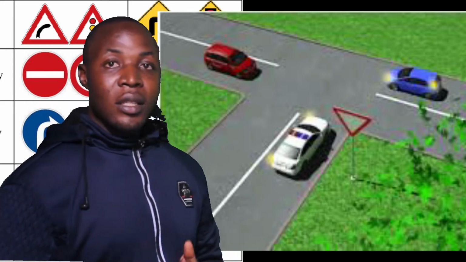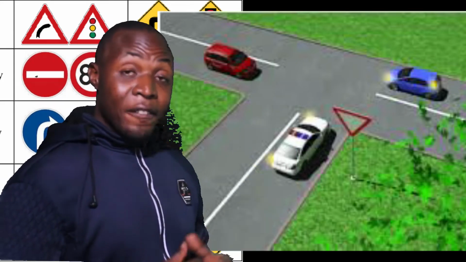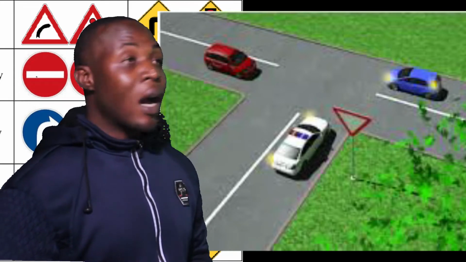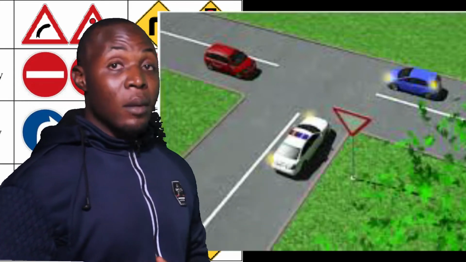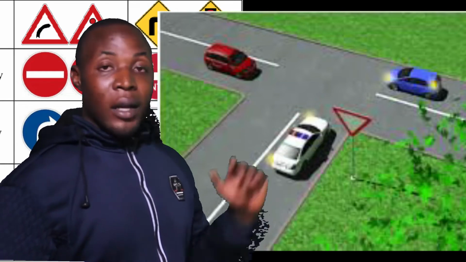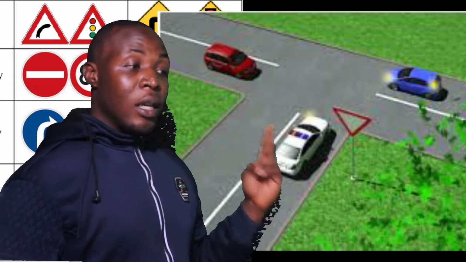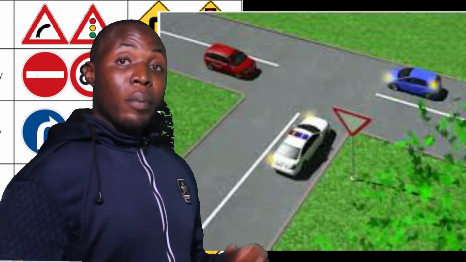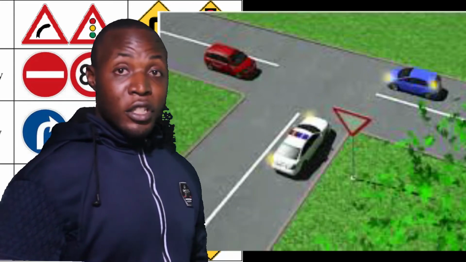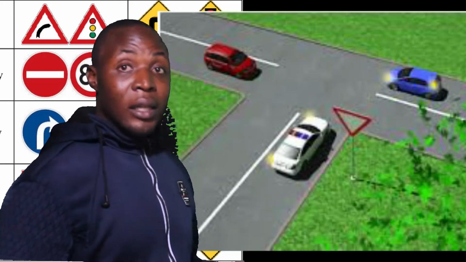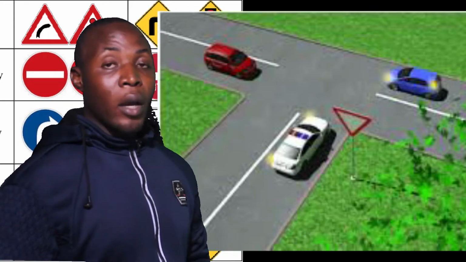In this situation, the red vehicle has to pass first, because the red vehicle has the priority signs which give it priority over that junction. The blue vehicle has its own priority over the T-junction, but because the blue vehicle wants to enter, it will lose that priority.